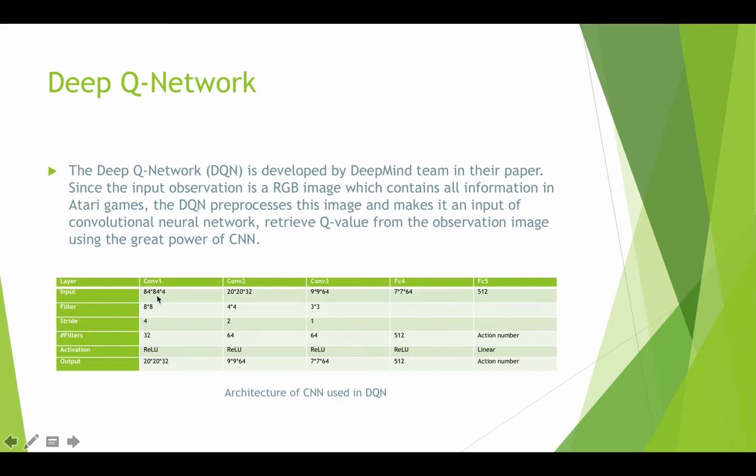The original input of this CNN is of size 84 by 84 by 4, which means 4 continuous state observations are input to the convolutional neural network for every iteration, and the final output size is based on the action number. For example, if the game has 4 actions, the output of this convolutional neural network should be set to 4.